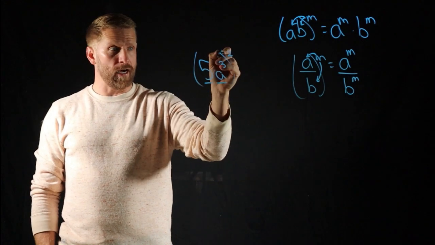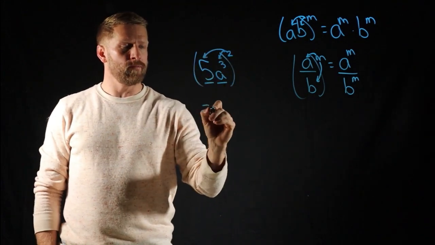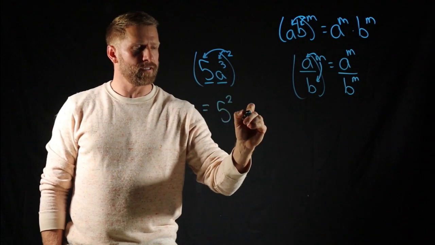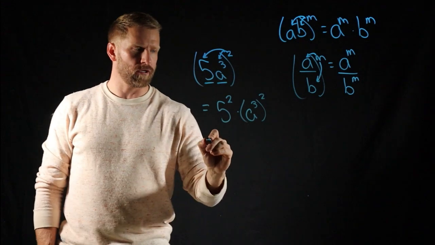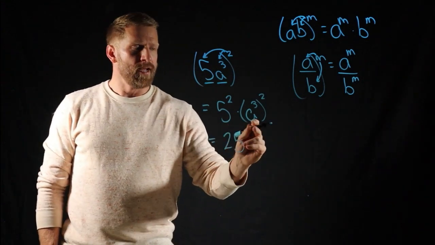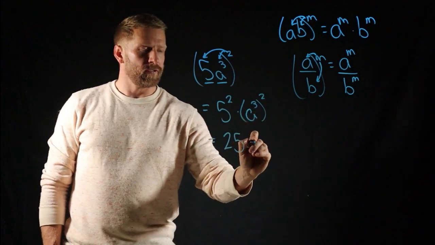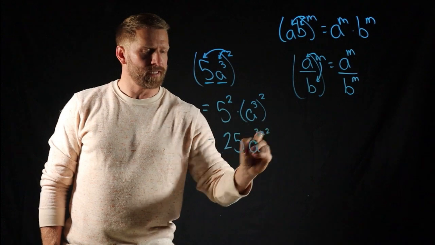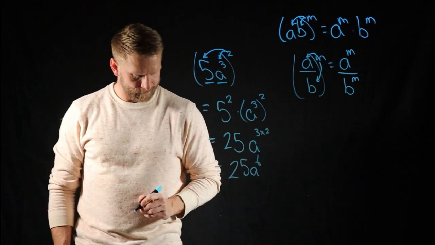When I apply this law, I take the 2 to the 5 and the 2 to the a cubed, so it looks like 5 squared times a cubed squared. Now, if you recall from our power of a power rule, whenever I have an exponent to a higher power, I end up multiplying them. So it's really a to the power of 3 times 2, which gives me 25a to the 6th.